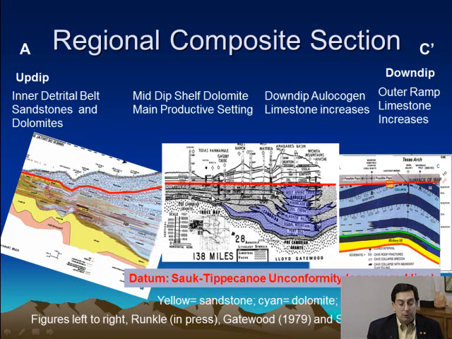And then as we move towards the central part of the production, there is mostly dolomite, and as we go into some of the aulacogen settings like the Anadarko Basin, the Mississippi embayment, and also a more distal ramp setting, we pick up increasingly more limestone. And in some of the positions we can see interbeds of dolomite in light blue and limestone in darker blue in a more outer ramp setting.